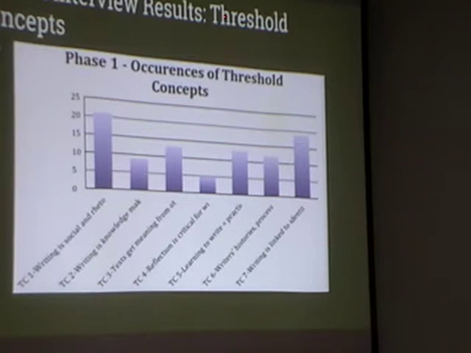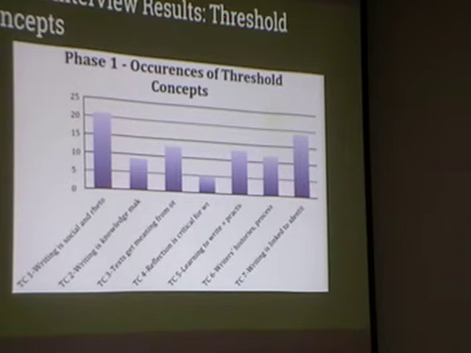Also, interestingly, in this phase 1 of the interviews, students were able to connect with all of the threshold concepts that I had connected to our learning outcomes, but 2 in particular were sky high, and the rest were just kind of low level. The 2 threshold concepts that students really took with them from an English 1020 course were the first one, writing is social and rhetorical activity.